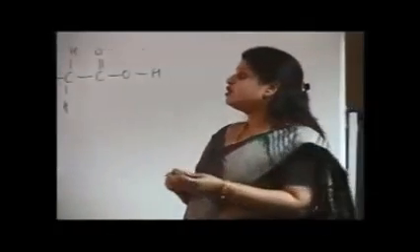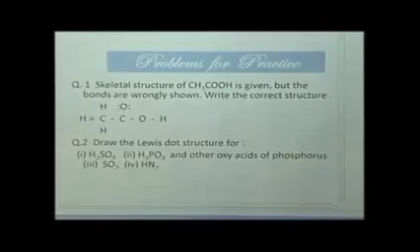Then we move on to the Lewis dot structures for H2SO4. At least write down the questions quickly so that later on we can discuss all the answers together. Just write down the 4 molecules that I have given: sulfuric acid, phosphoric acid, and the other oxy acids. Are you aware of the other oxy acids of phosphorus?